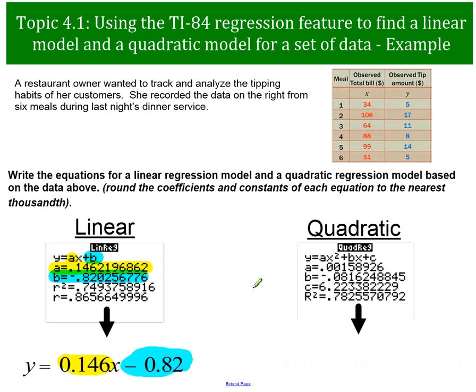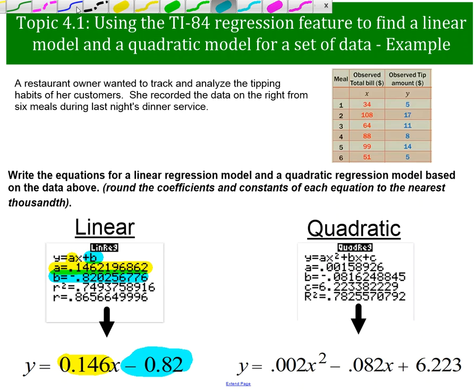Okay, same thing with my quadratic equation. This is my quadratic equation, rounding everything to the nearest thousandths place, but once again identifying per color. My A value is this decimal in here, rounded to the nearest thousandth is this, 0.002. I left off the 0 point in the end so I could make it a little bit smaller, but they mean the same thing.